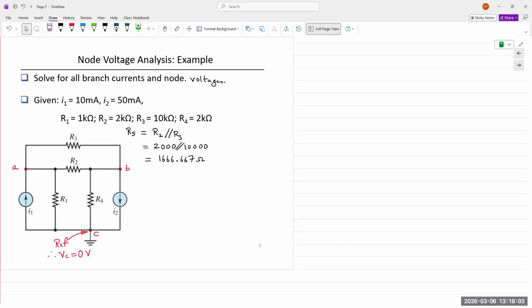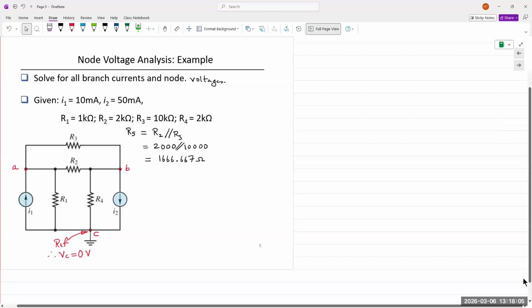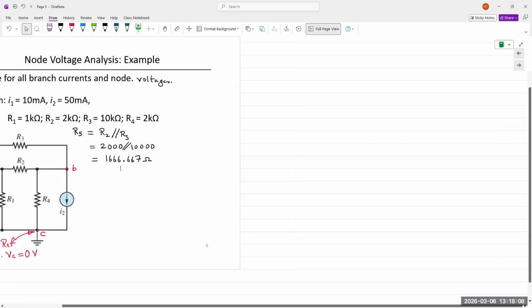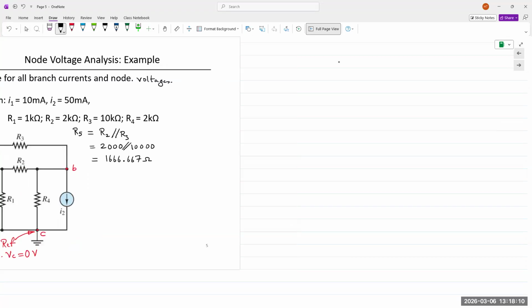All right, now let's redraw the circuit. I'm going to make a larger circuit on the right and redraw this. So let's start with R5 first. R5 is at the top. I have the other two resistors, R1 and R4, to its right. I have a current source on the far left, and I have another current source far right. I1 is pointing up, I2 is pointing down.